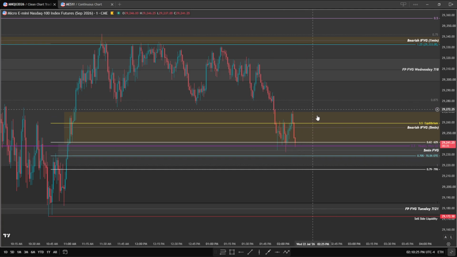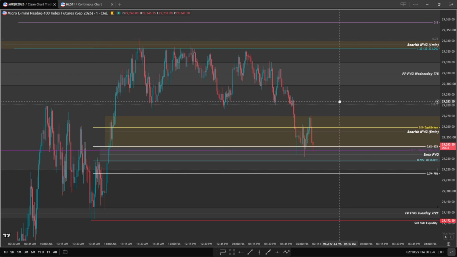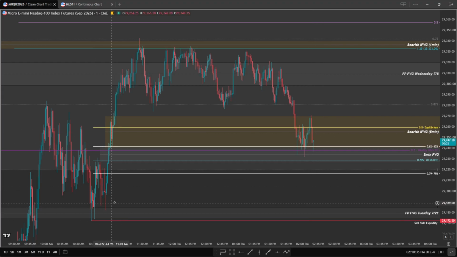And then if we start reversing, then maybe I would have the confidence to say that, okay, well, it failed to get its second leg lower down to the liquidity, so it's probably not going there, and it's probably coming back up to here. But that needs to wait. I need to wait for more information here before I can be super confident in that.